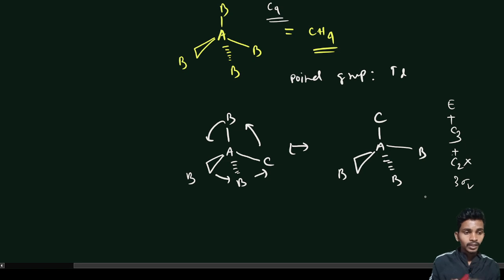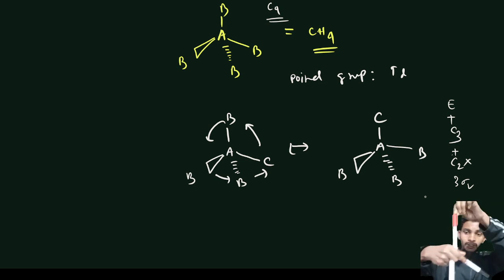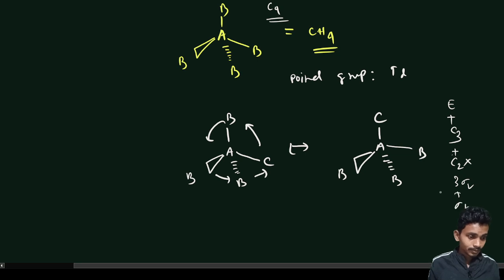Okay, so now what is the point? Sigma h, any chance? C3 is coming through this, so sigma h should be here, but here no molecule is there, so sigma h is absent. No S3 is present because sigma h is absent.